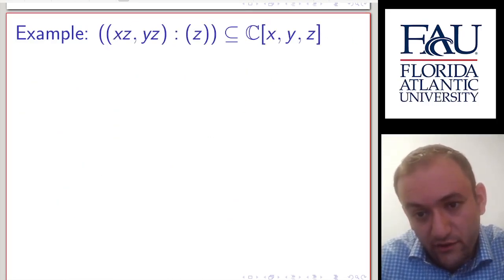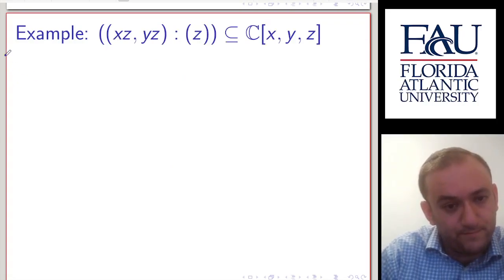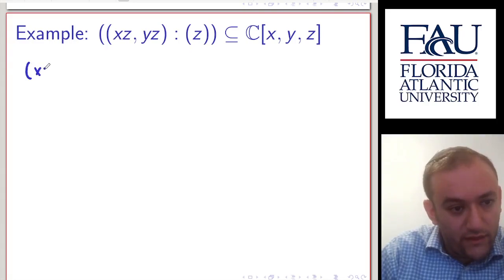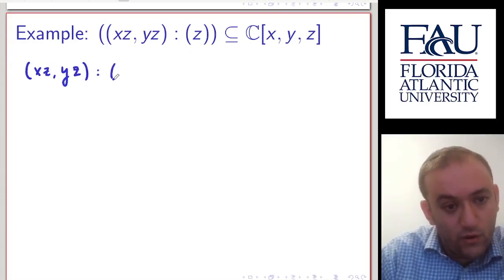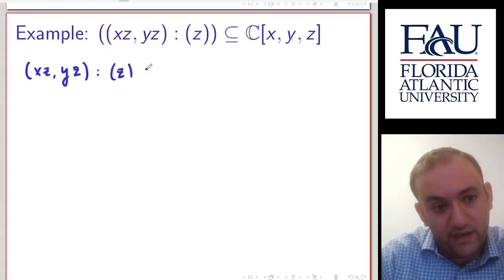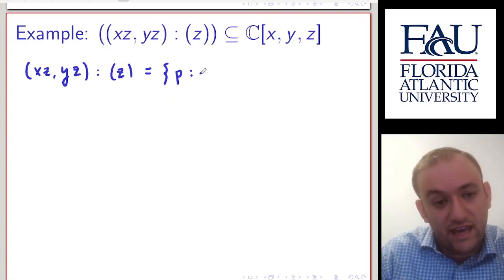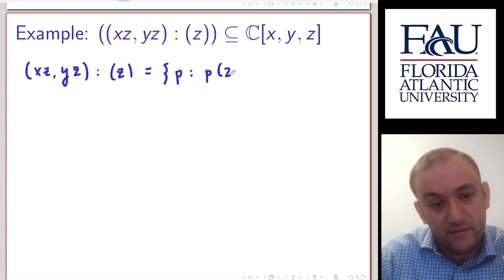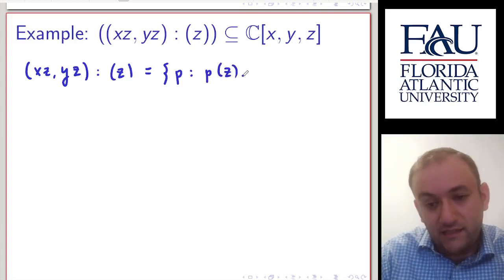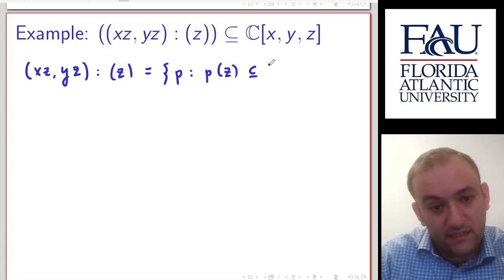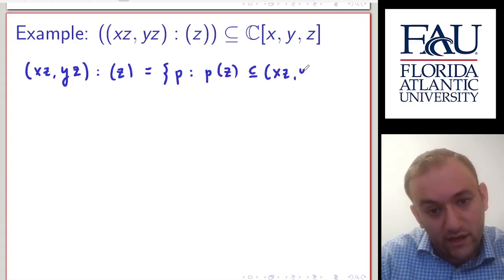Okay, let's look at another example, this time a polynomial one. So the ideal generated by xz and yz, quotient with the ideal generated by z, this should be the set of polynomials p in C adjoin x, y, z such that p times the ideal generated by z is contained in the ideal generated by xz and yz.